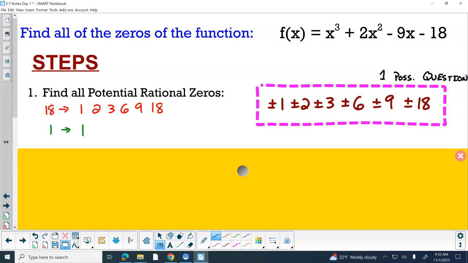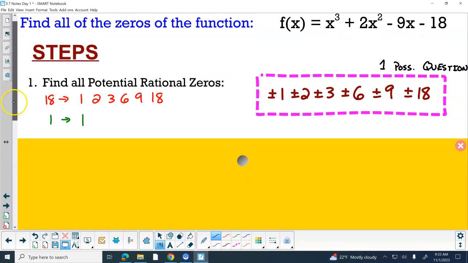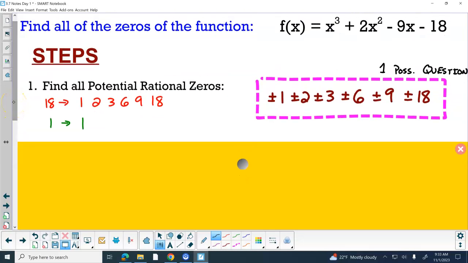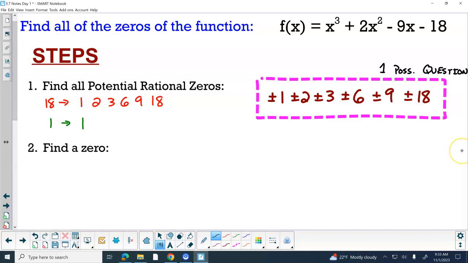Step 2 says that from this list, you need to find a 0. So, how do we do that?